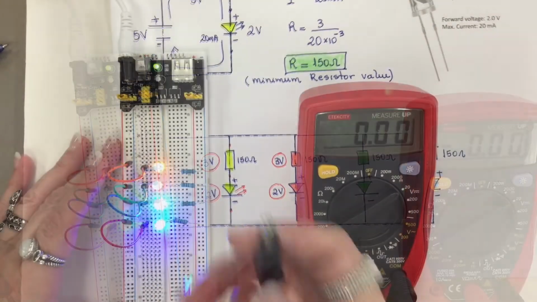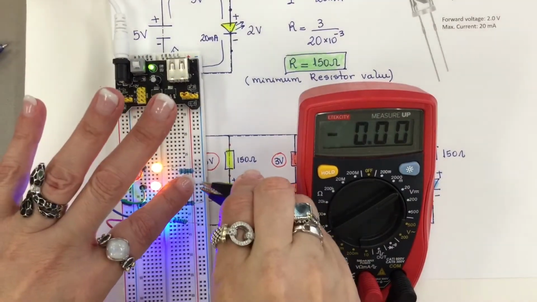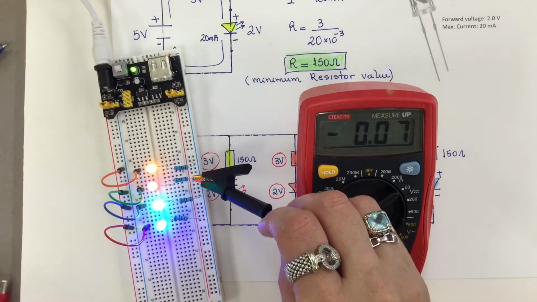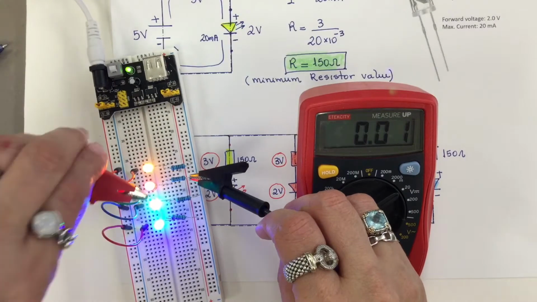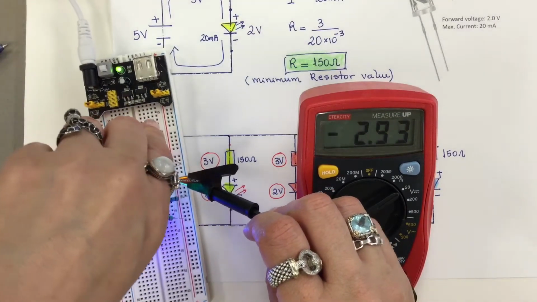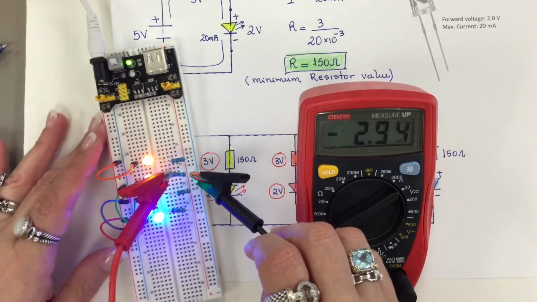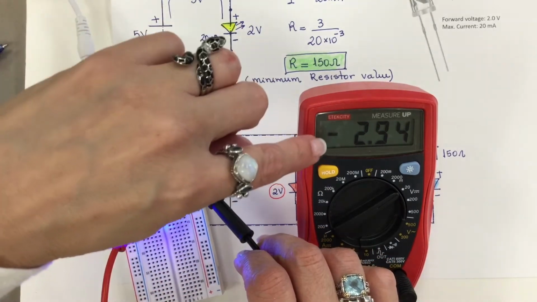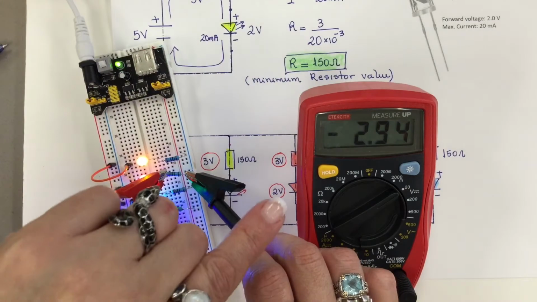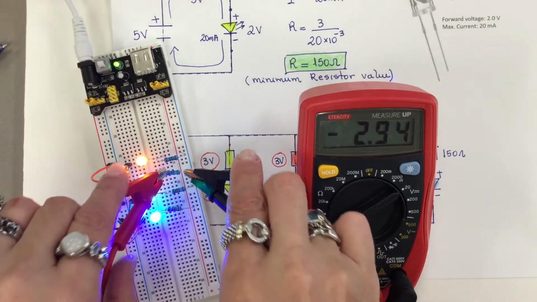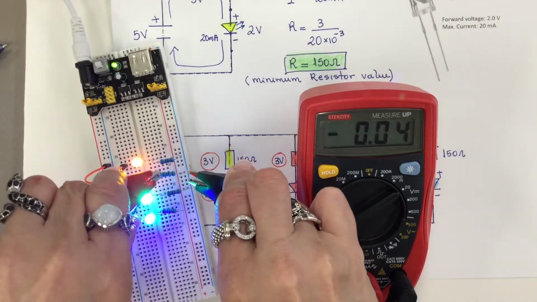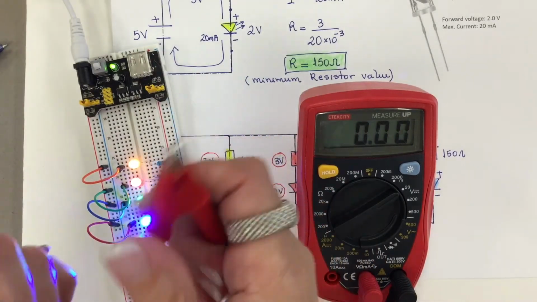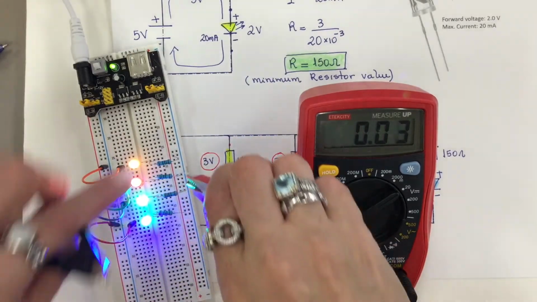So I'm going to connect with the resistor, this and this. So I'm reading negative 2.94. It's negative because probably I should change the direction here, because remember, this is my positive.